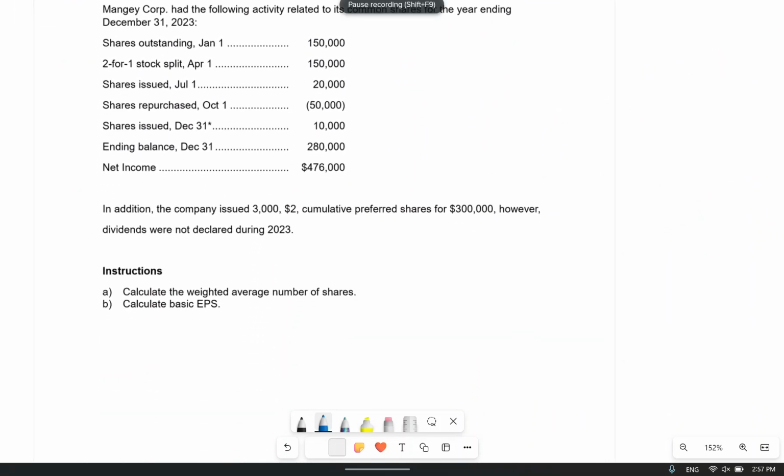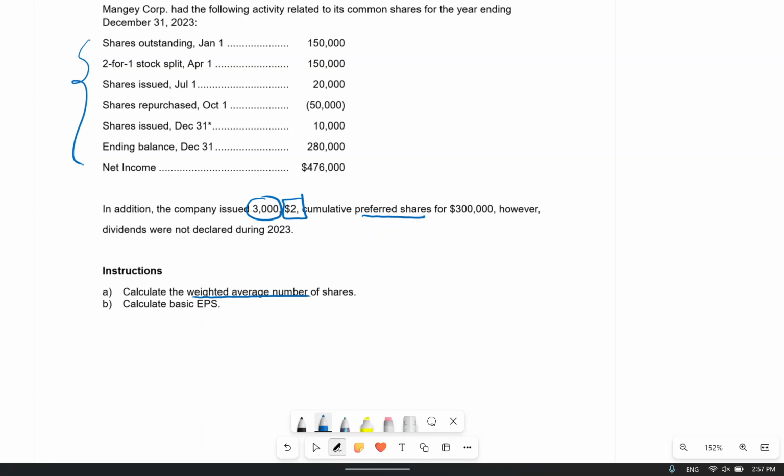Now this question is related to the weighted average shares outstanding, and they said that these are some of the things happening within the company. We have preferred shares, and we issued 3,000 shares.